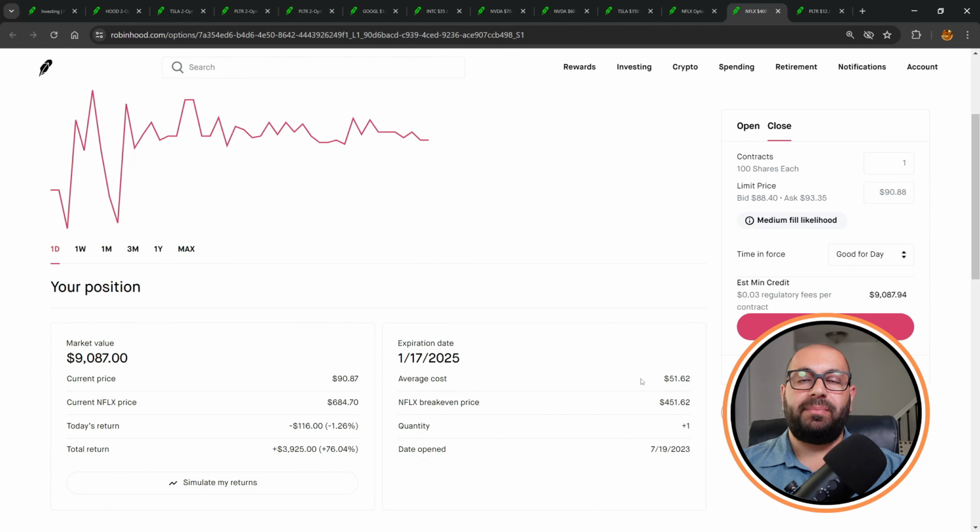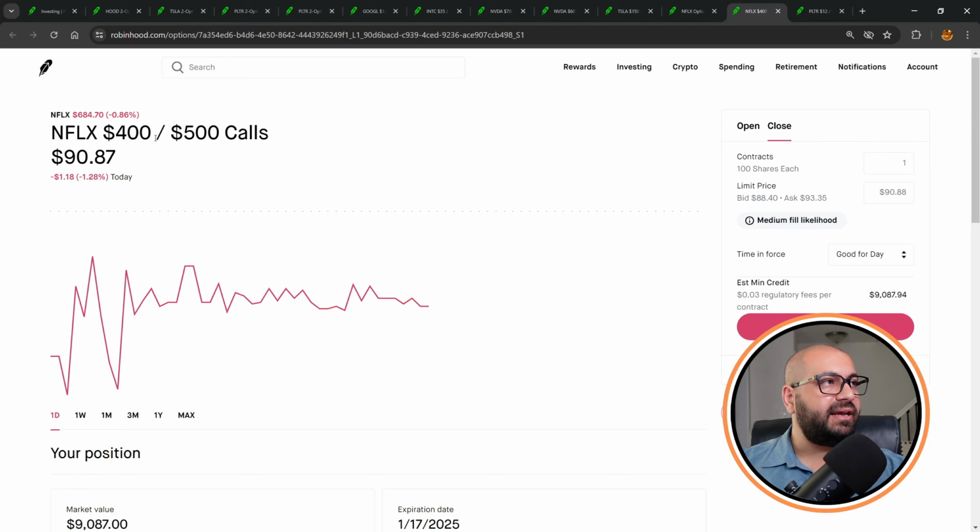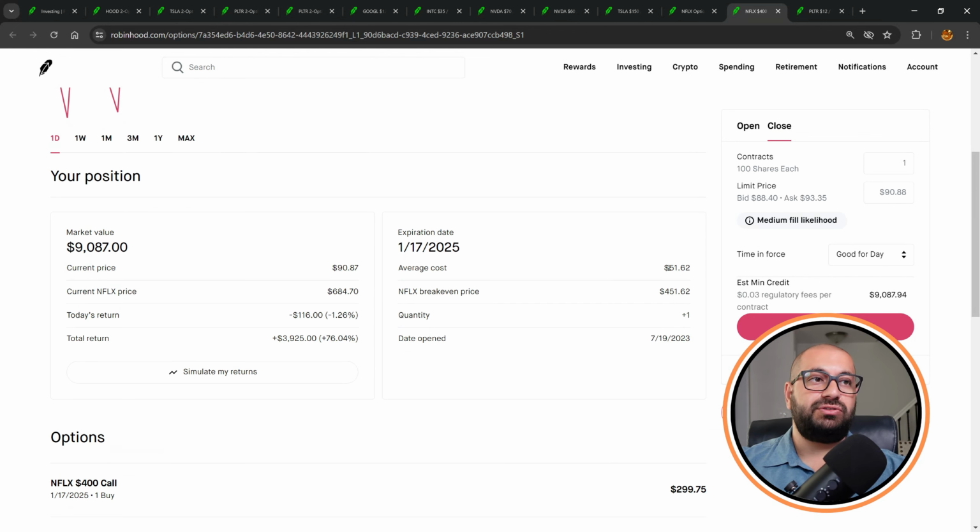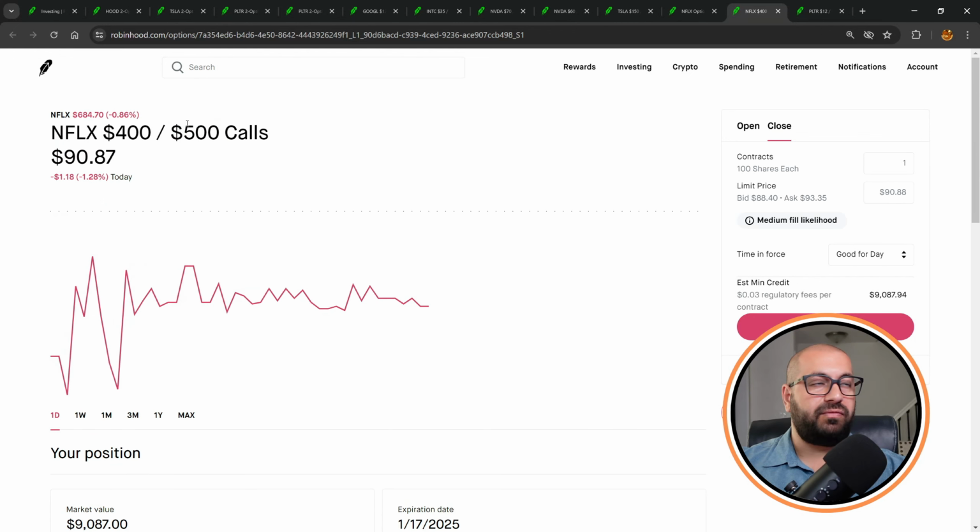The average cost for my Netflix call debit spread is $5,162. I know it's a lot, but it's much lower than buying 100 shares at $400 per share, meaning $40,000, to sell a covered call at 500, or I just use $5,000 to sell a call at 500.